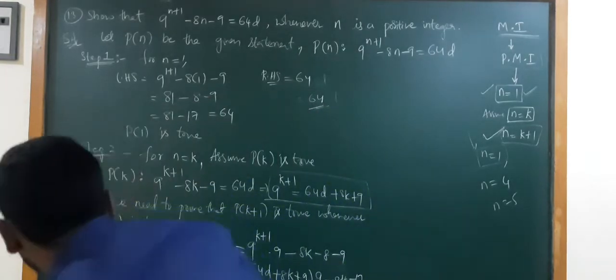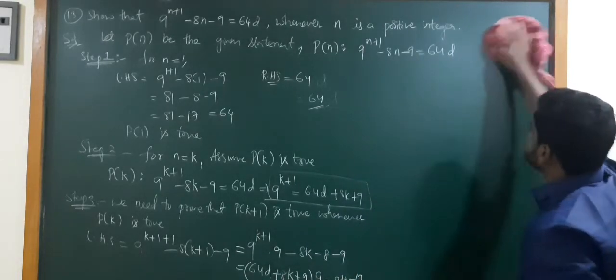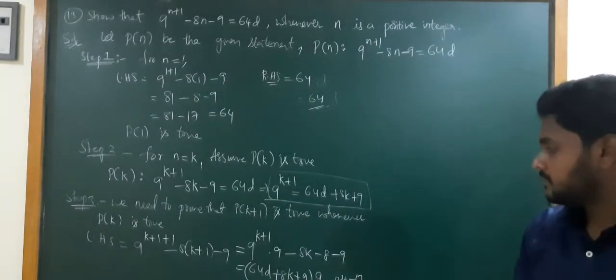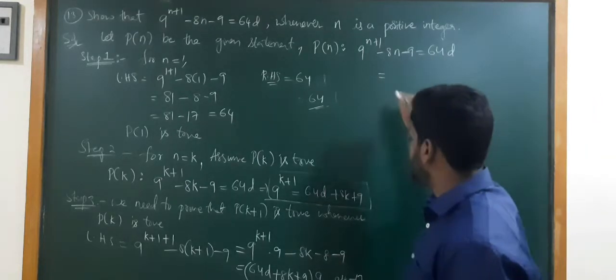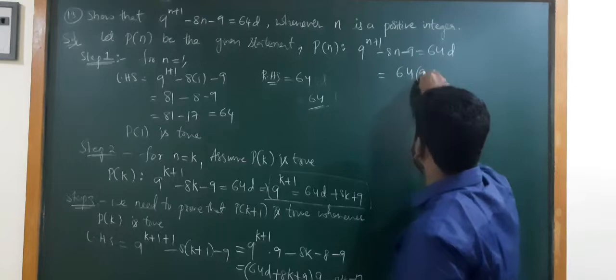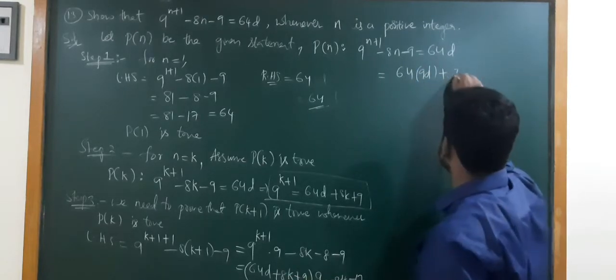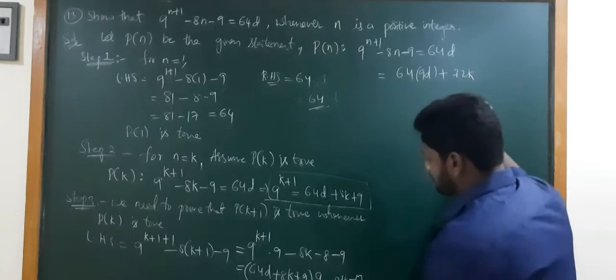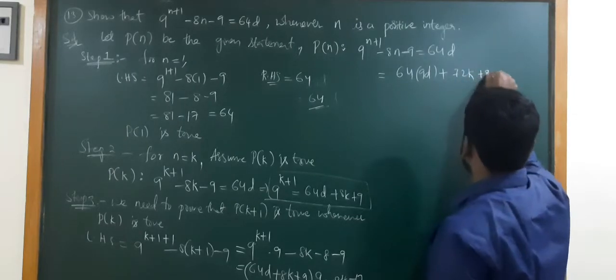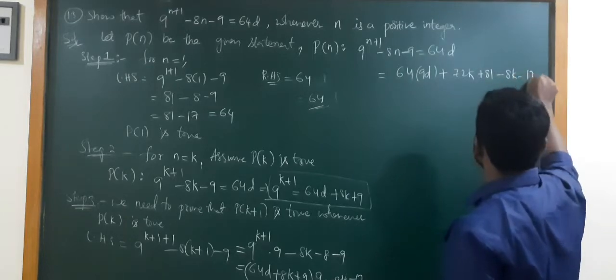Right? So pause the video and note it down on this side. Next, by using that equation, if you multiply 64d into 9, it is 64 into 9d. Next, 9 into 8 is 72k. 9 into 9 is 81, minus 8k, minus 17.